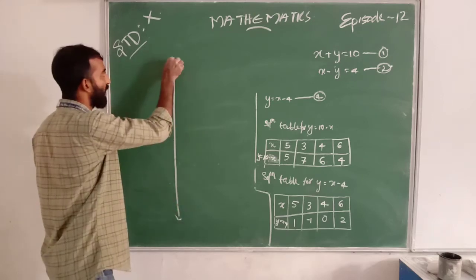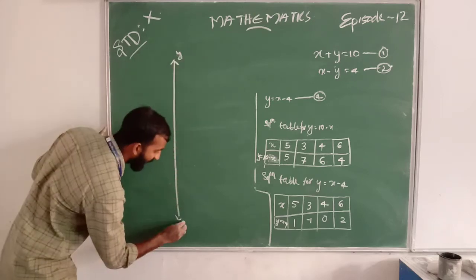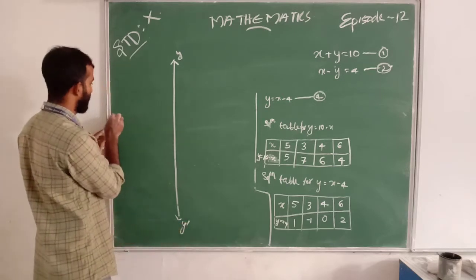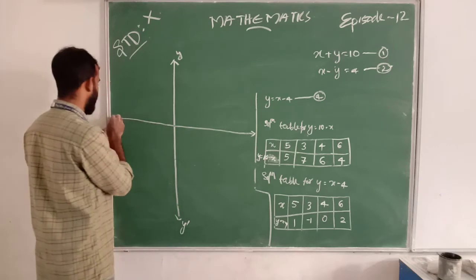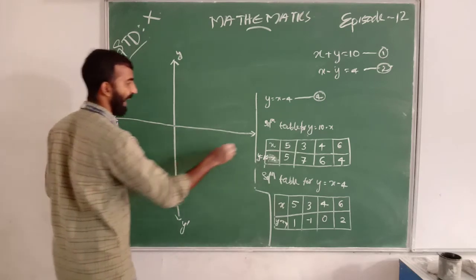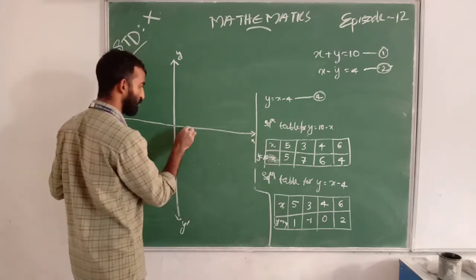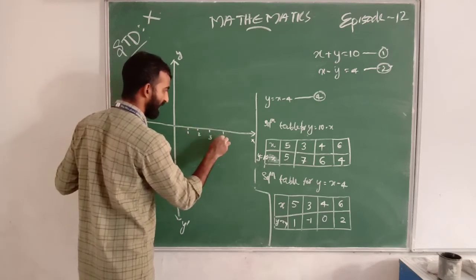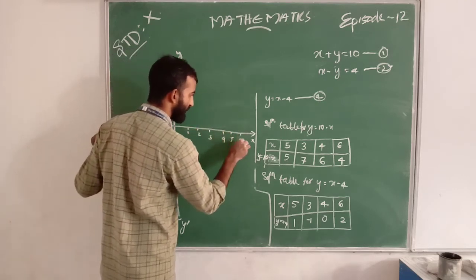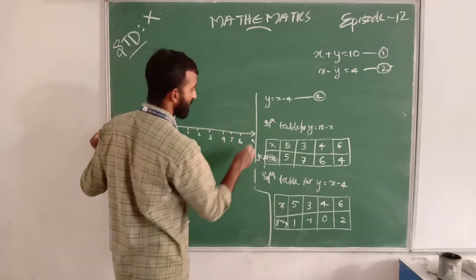This is my y and y dash axis, and this is x dash and x axis. Here is 1, here is 2, here is 3, here is 4, 5, 6, 7.